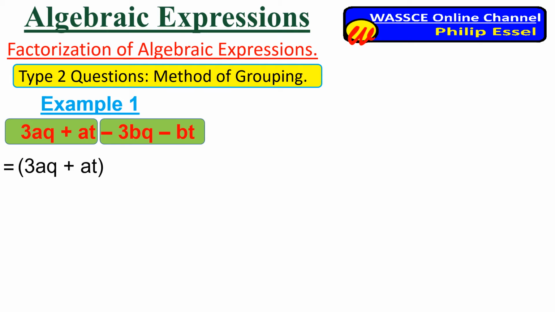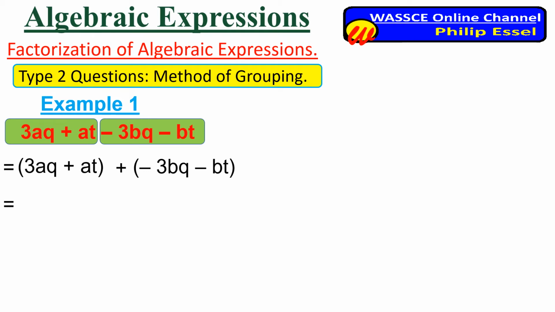Let's write the second group. The second group is negative 3bq negative bt, all in brackets. In between these two groups, we are going to put the plus sign.